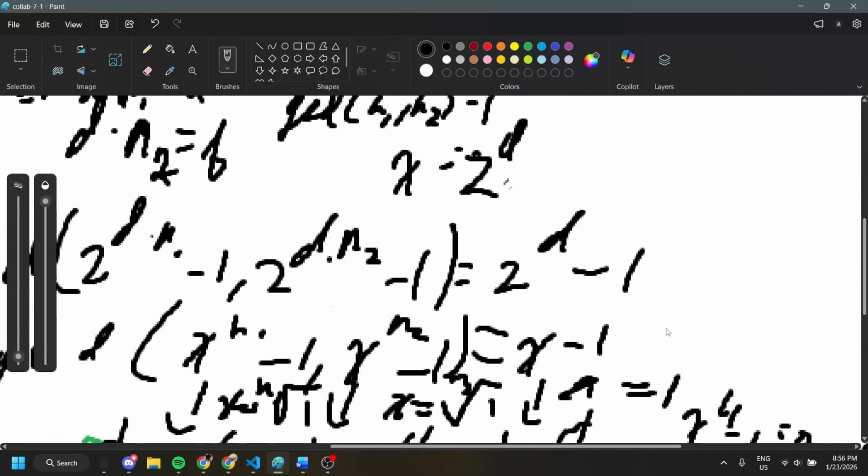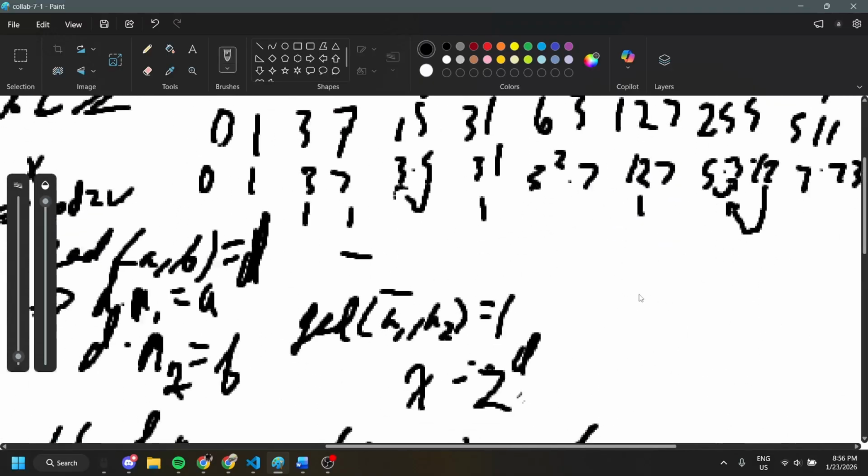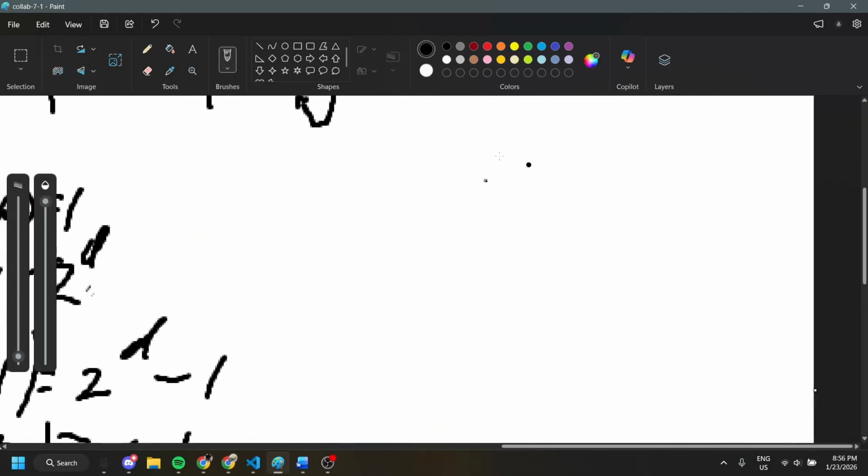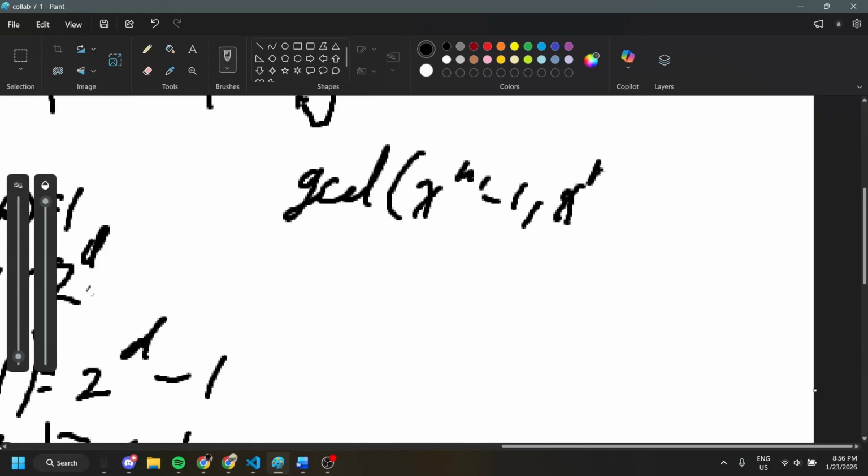Okay, that was a long-winded exploration, but just to summarize what we found: the expression is equivalent to the GCD of x to the n1 minus 1 and x to the n2 minus 1, which has to be equal to x minus 1.